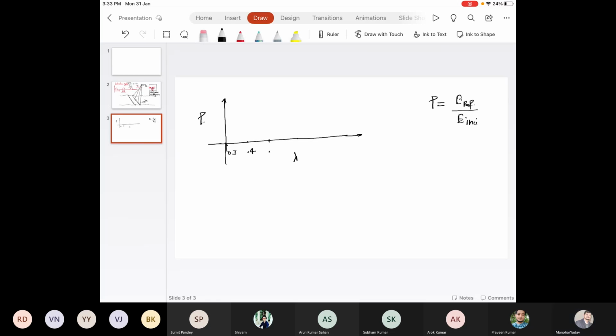So if you see this water, let's say this is 0.34, and this wavelength is in micrometer. Somewhere, let's say we have 1.3.